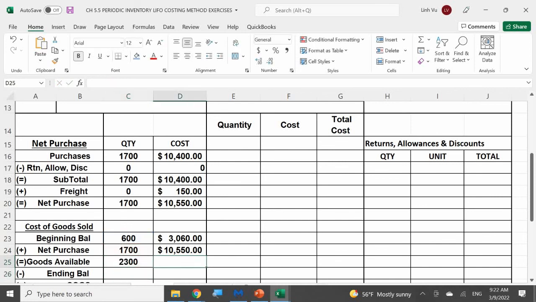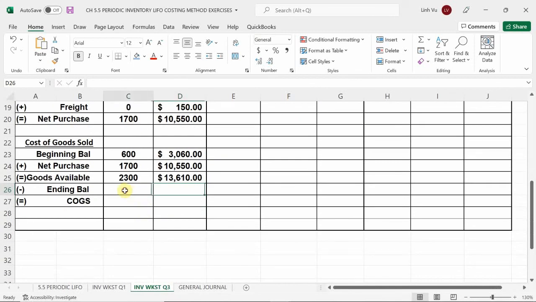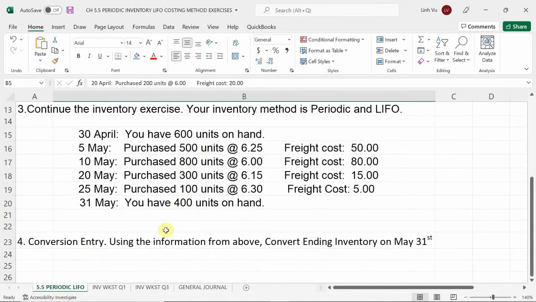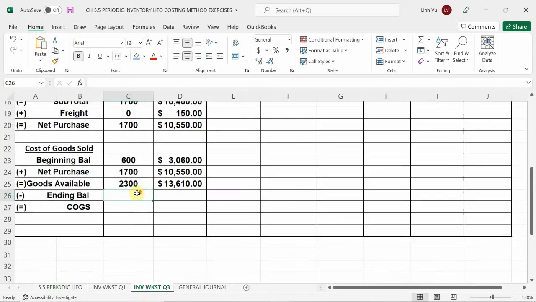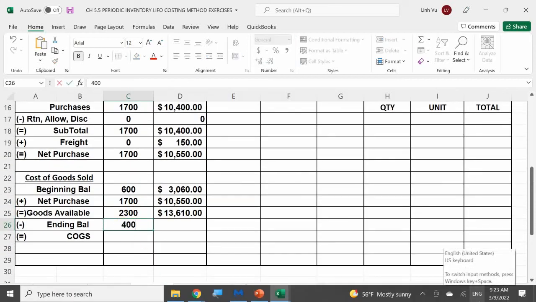There we go. All right, and then we're going to add these totals up to get $13,610. Okay? So now, of course, we were given that on May 31st, you had a total of 400 units available. Okay, so that's going to be 400.